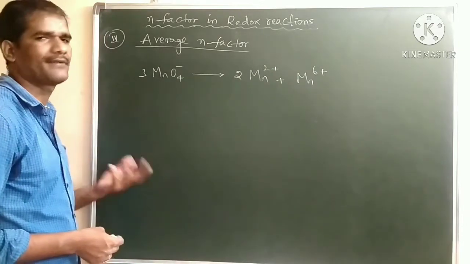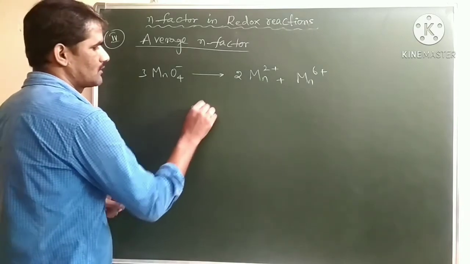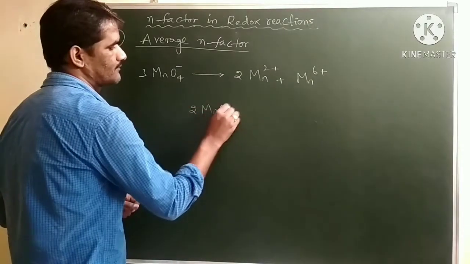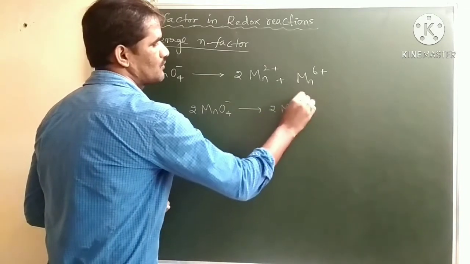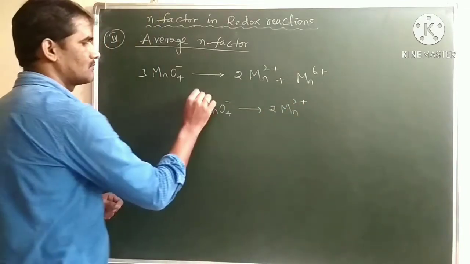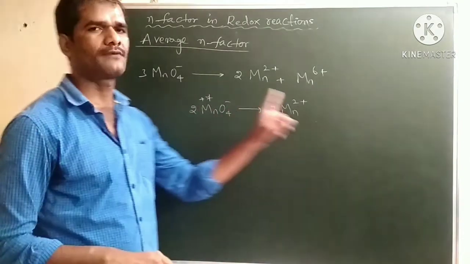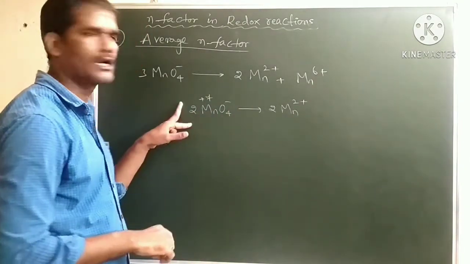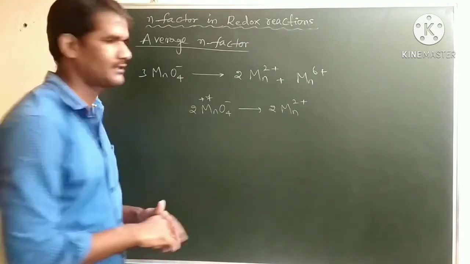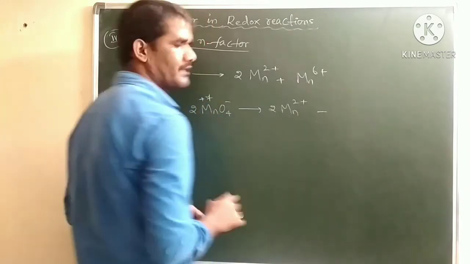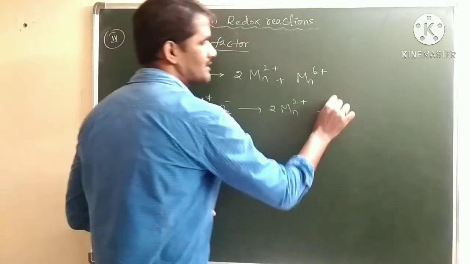Then what is the average N factor for this permanganate ion? Two permanganate ions are converting to Mn2+, from manganese +7 oxidation state. Per molecule the change is 5 electrons, so two molecules take 10 electrons.